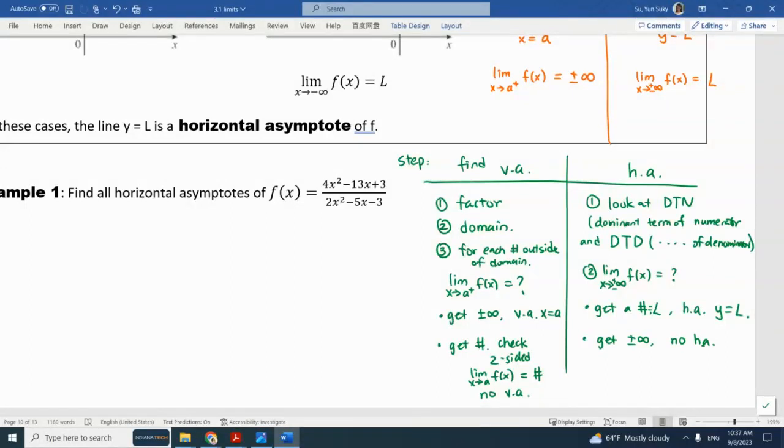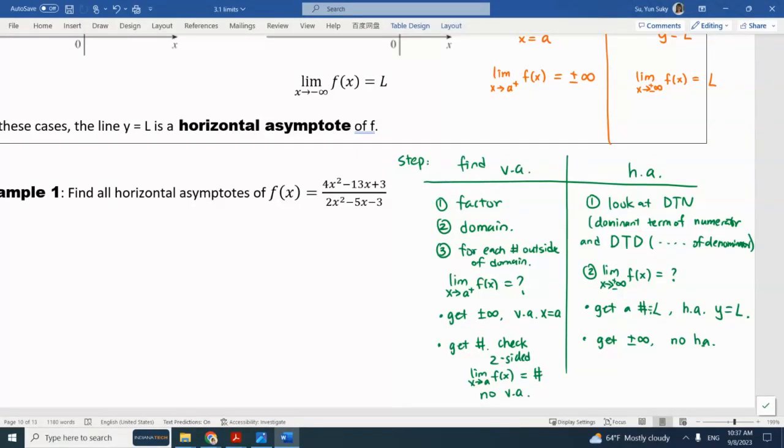Look at the picture: it goes up there. You're not approaching any horizontal line. It goes to infinity or minus infinity, so no horizontal asymptotes. In the exam, you need to do both, so make sure you memorize this and do not confuse them.